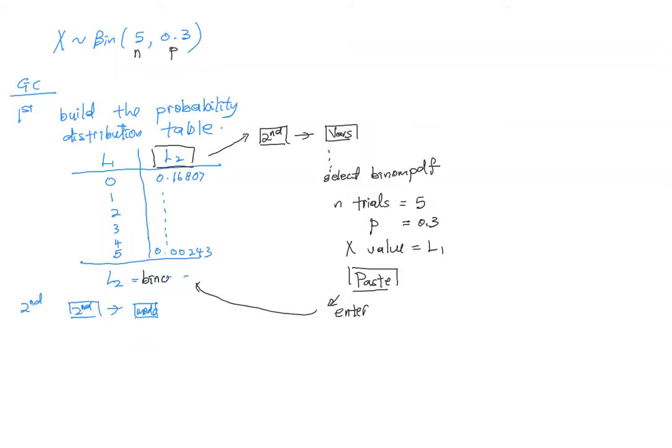binomPDF. Then everything will be there: 5, 0.3, L1. After this, you press the enter button.